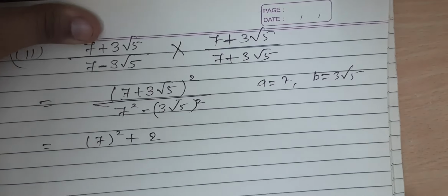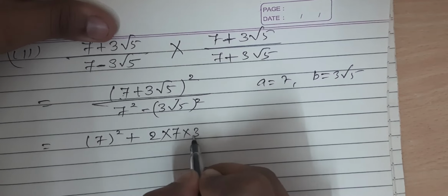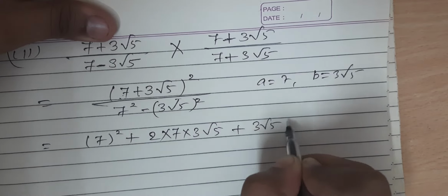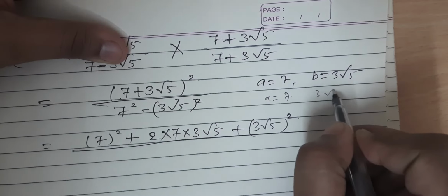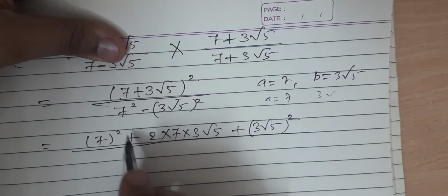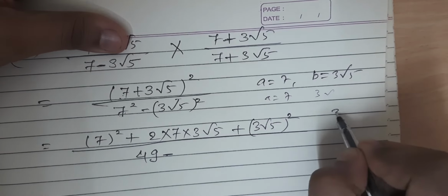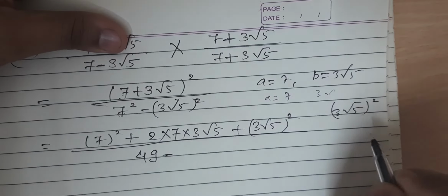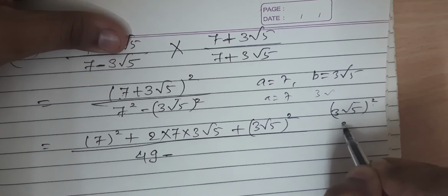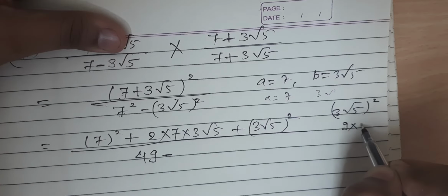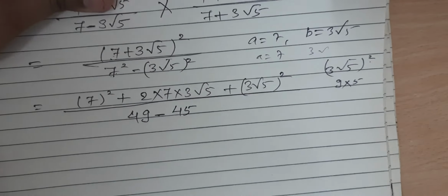In the denominator, a square means 7 square is 49 minus, now how to find the square of 3 root 5? It's very simple. First we square 3, which is 9, and the square of root 5 is 5. So 9 fives are 45.